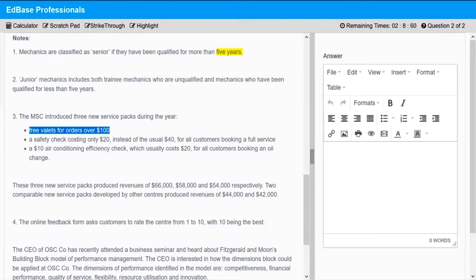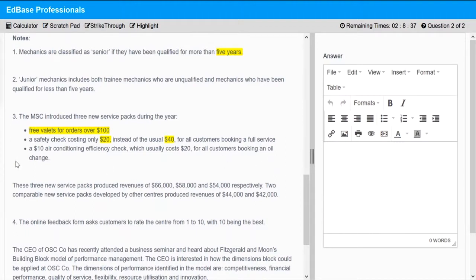Wow, so we have a discount offered by the MSC here. We are offering it at 20, whereas the regular price is 40. So why am I highlighting this information? Because it might help to boost the sales. So when you are identifying the performance, this information could help you to support your answer.